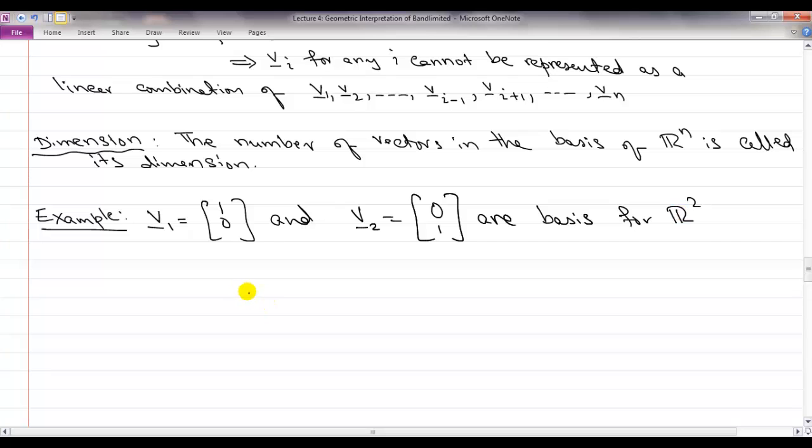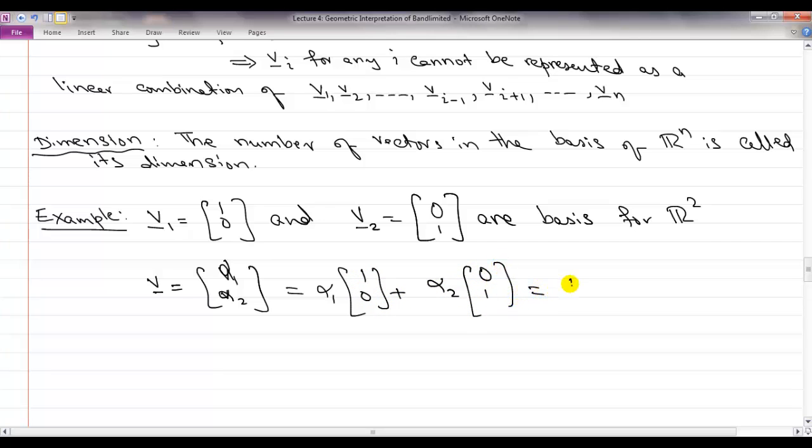They are called canonical bases. Of course, every vector v equal to, let's write it alpha 1 and alpha 2, I can simply write that as alpha 1 times (1, 0) plus alpha 2 times (0, 1), which is alpha 1 v1 plus alpha 2 v2. So a basis helps us write a vector in terms of its components.